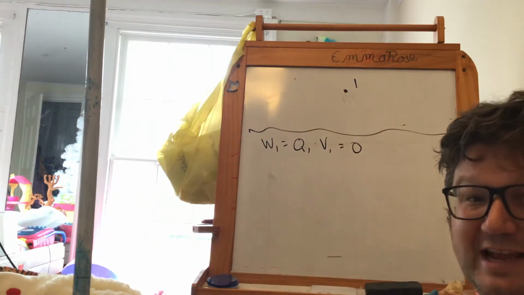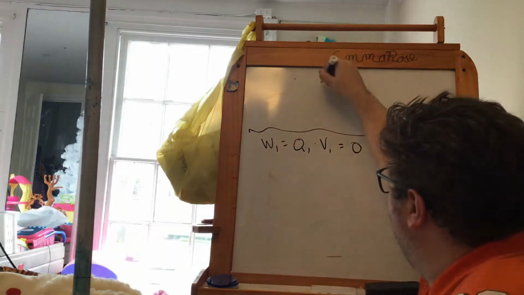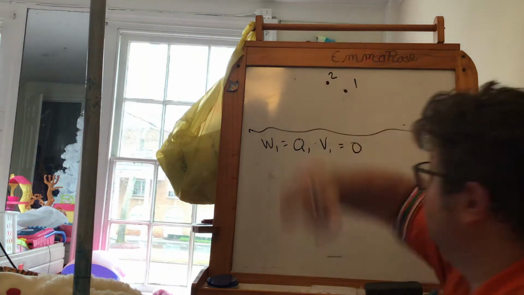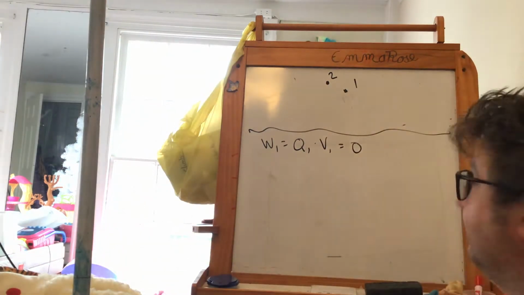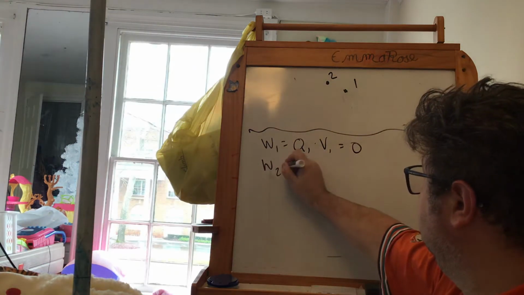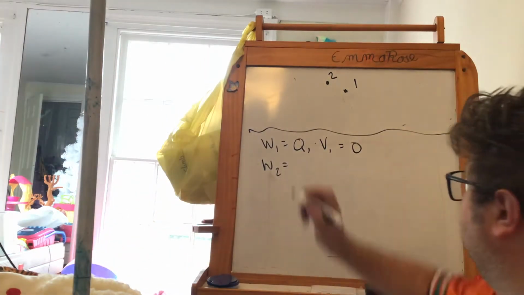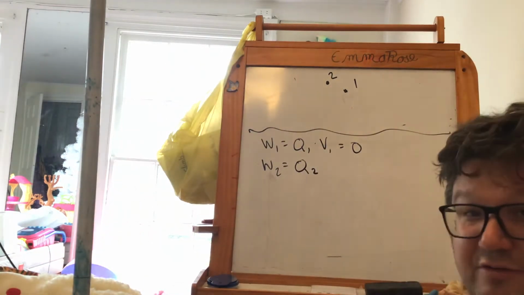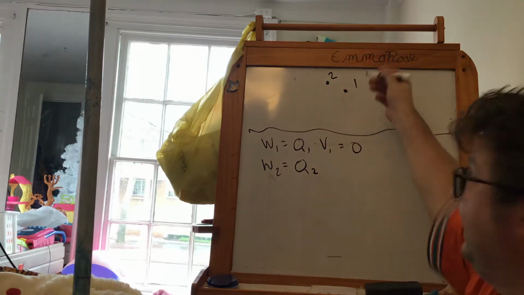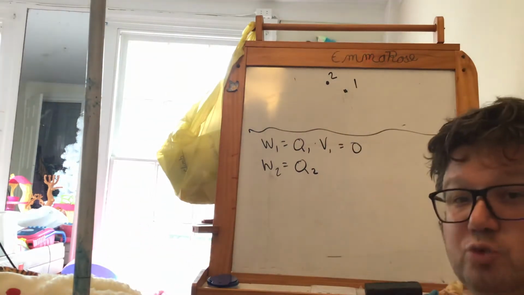But now, if I take another charge and I move it here, charge 2, these two charges are going to interact. So work 2 is going to be equal to the charge of itself times the potential due to charge 1.